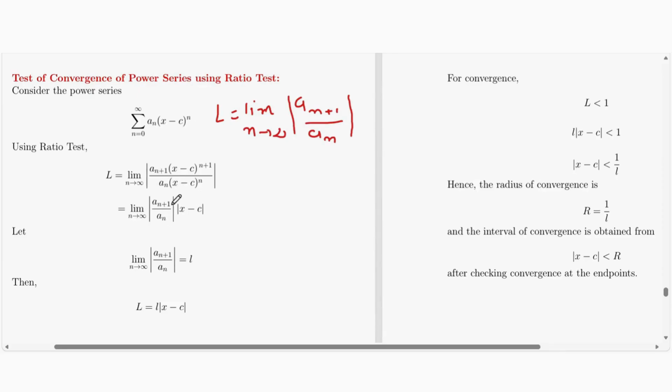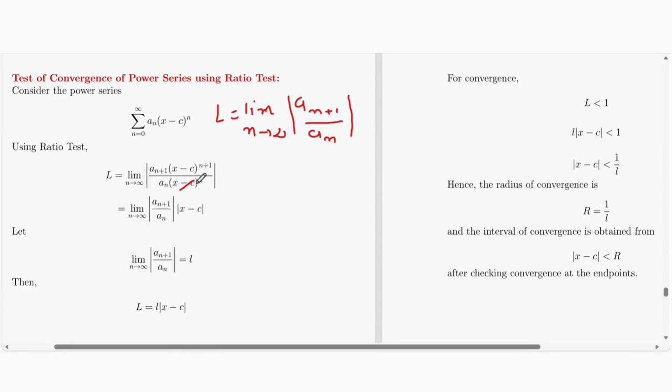Now simplify this. Here (x minus c) raised to n plus 1 and (x minus c) raised to n, so the powers of n cancel out, and we get only x minus c. Now separate this: mod of a_(n+1) upon a_n into mod of x minus c.